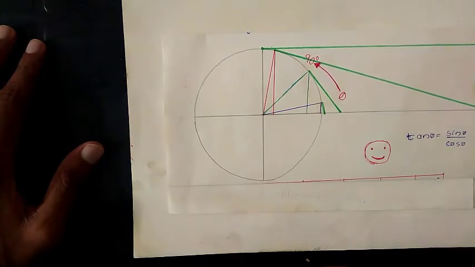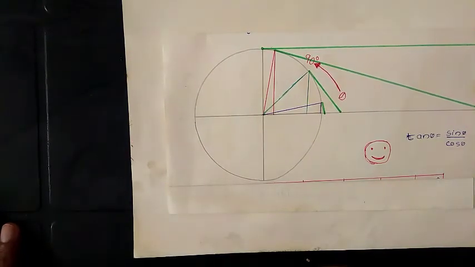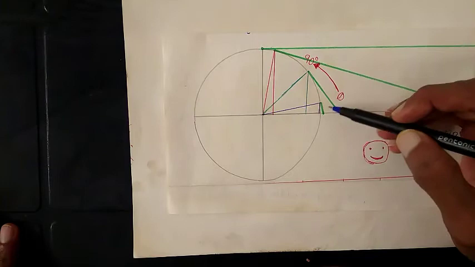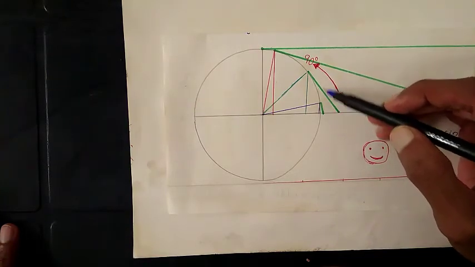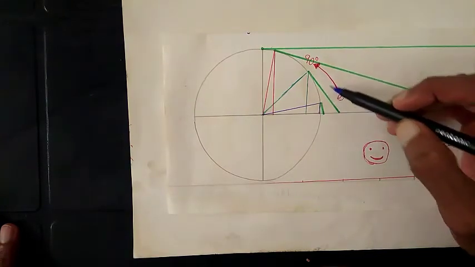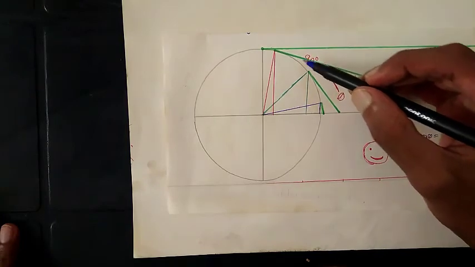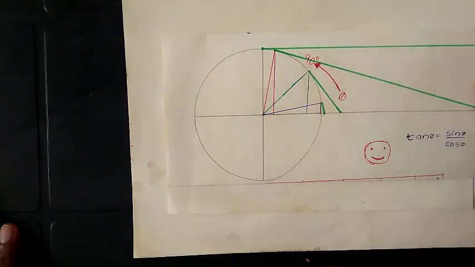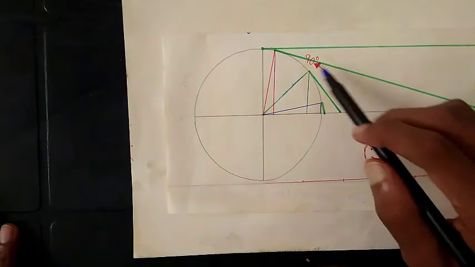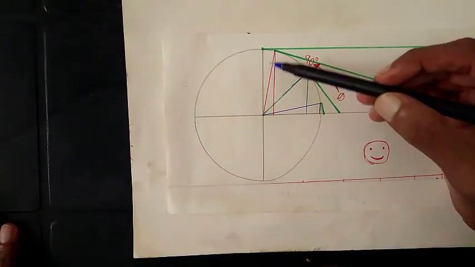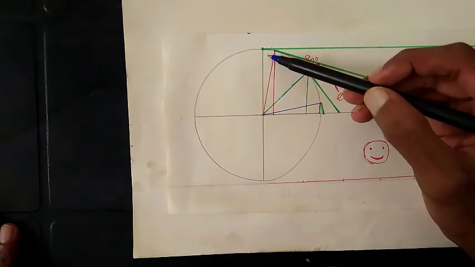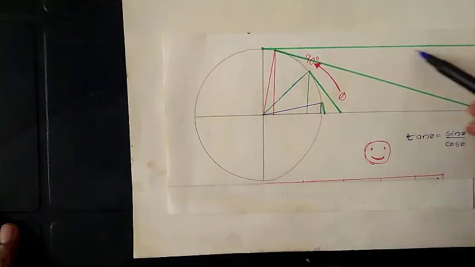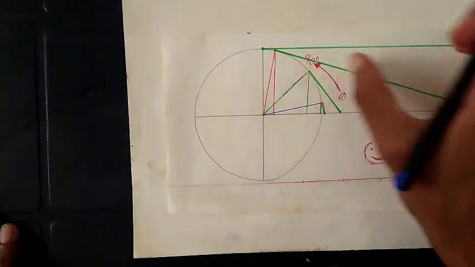Now what will happen to tan theta? As theta approaches 90 degrees, the tan theta, which is this length, is increasing. And what happens at 90 degrees?